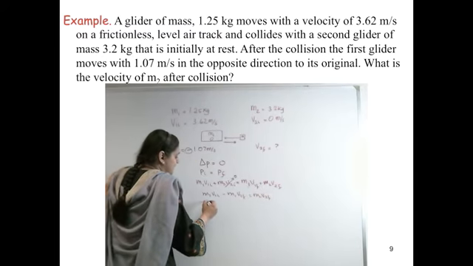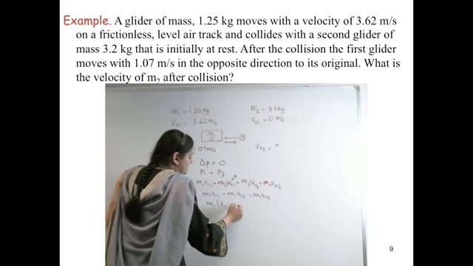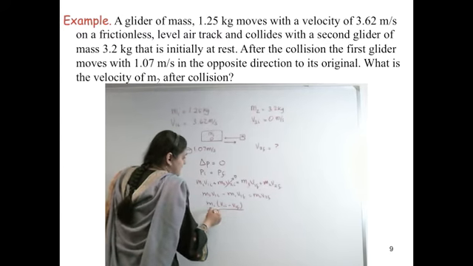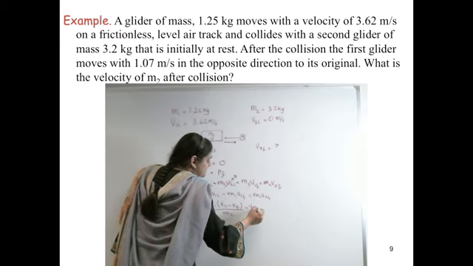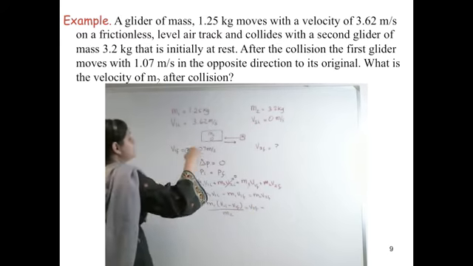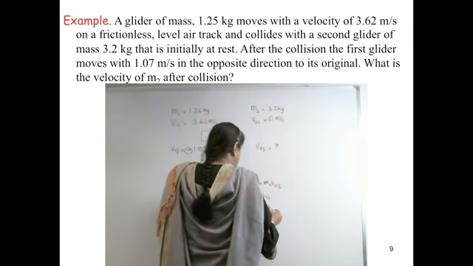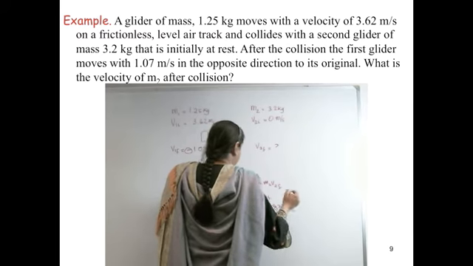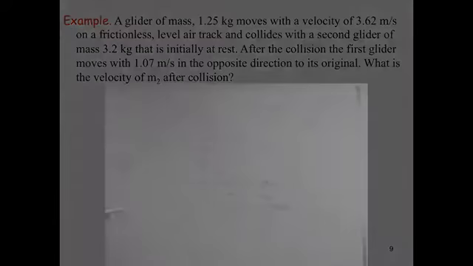That means I can rewrite this as m1 times (v1i minus v1f) divided by m2 will give me my v2f. So plug in all the numbers that you have from up there in here, and for the velocity, mine is 1.83 meters per second, but you probably want to do this for yourself and make sure that I did not make any mistakes.